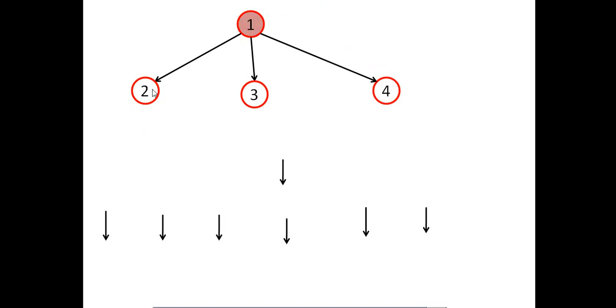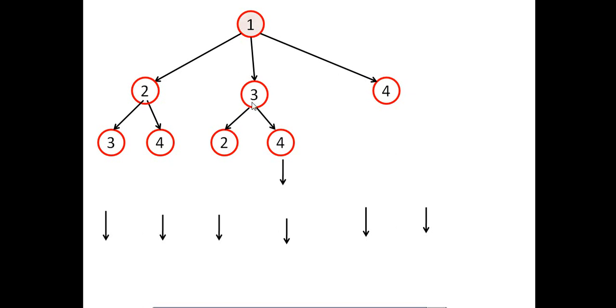Okay, now another situation will come. These two vertices may travel two vertices, I mean 2 to 3 and 2 to 4. Similarly the third vertex may take a journey from 3 to 2 and 3 to 4, but the source vertex is 1. Similarly the fourth vertex, 4 to 3 and 4 to 2. This is the second situation.